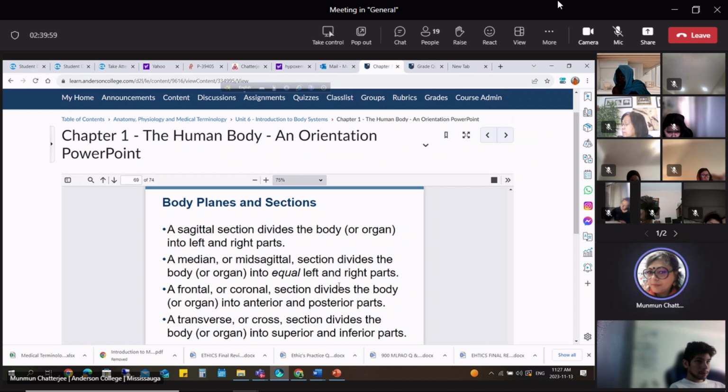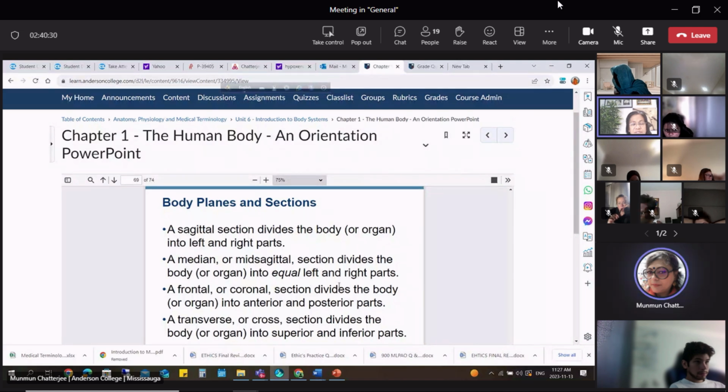If a question comes, a section that divides the body into equal left and right, and you have the options sagittal, mid sagittal, transverse, what is going to be the answer? Sometimes they try to confuse you with the same question. A section divides the body into equal left and right parts.